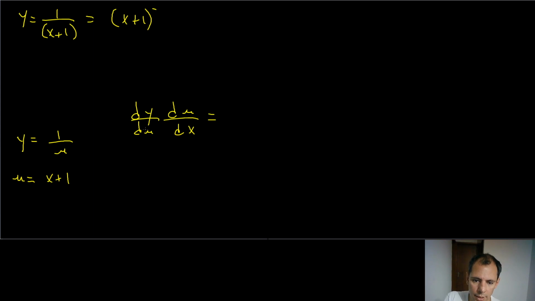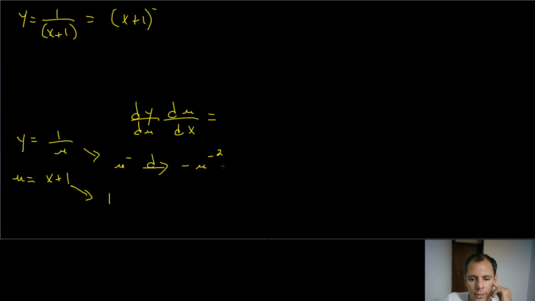So let's do this. dy/du, well, this is going to be u to the minus 1, so differentiating that with respect to u, not with respect to x, you have minus u to the minus 2, all right? And now you want to do du/dx. Now what is du/dx here? Differentiate this. du/dx is just going to be 1.